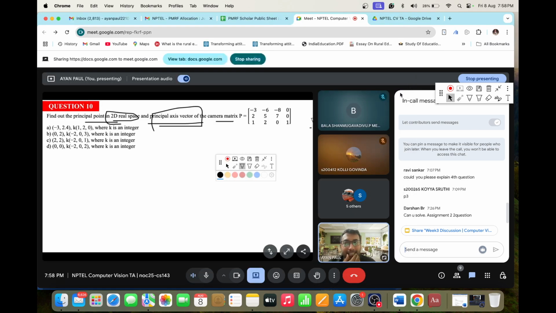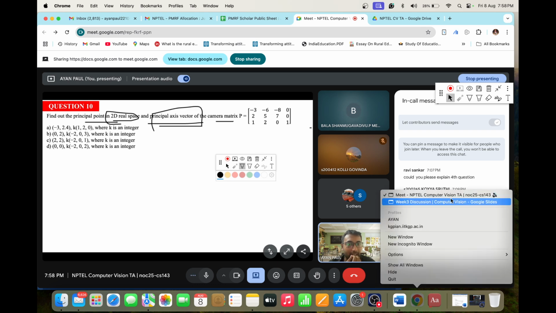Principal axis vector? The last row, yeah, and then multiplied with the k. Yeah, that is 1, 2, 0.